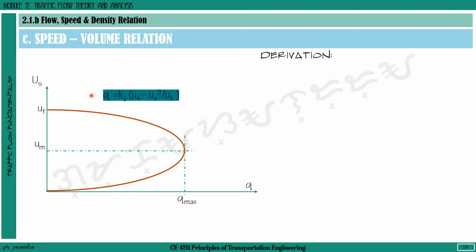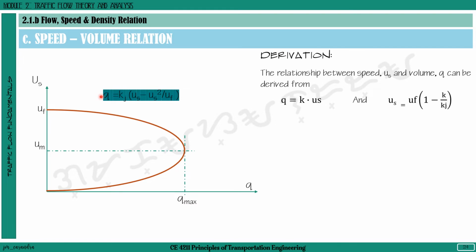So the derivation of the speed volume relation is almost the same as our derivation for the volume density. We are still going to use our general equation Q is equal to K times U sub S, and our speed density relation.